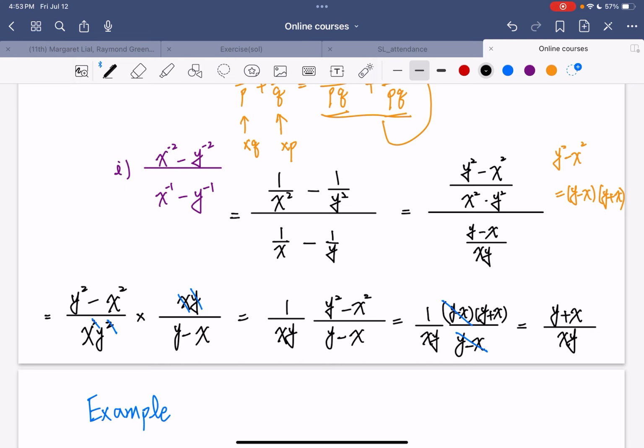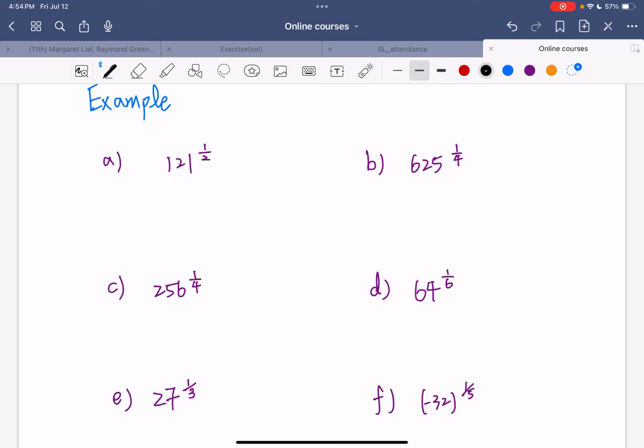And for the last part of this video, we just do some figure calculation, no more variables. Okay, so here we got 121 with power of 1 over 2. That means actually it got some meaning of this thing. So how can we find that?